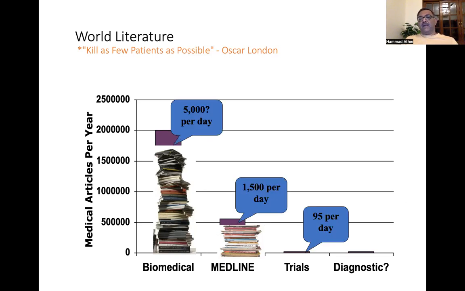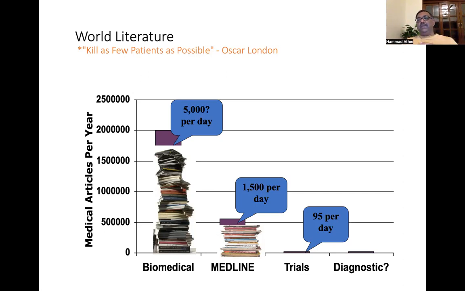Some of them are trials, some of them diagnostic studies. So essentially about 5,000 articles are deposited every day in the biomedical repository of information, of which about 1,500 to 1,700 are added daily to the Medline of PubMed.